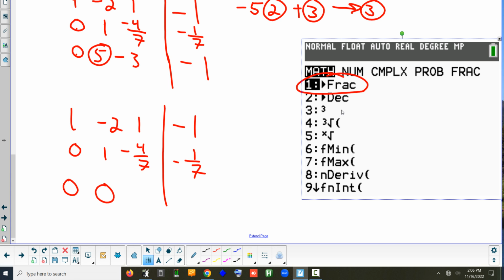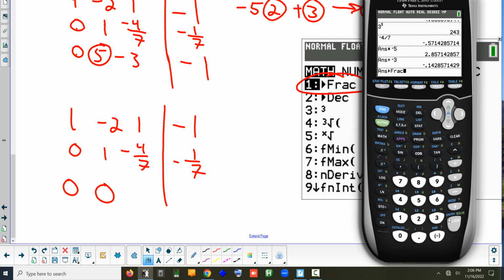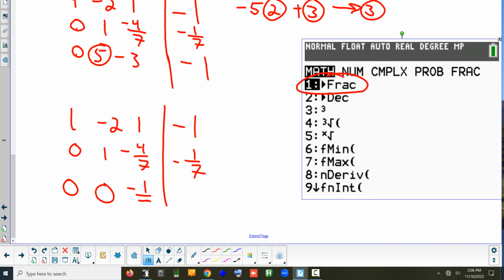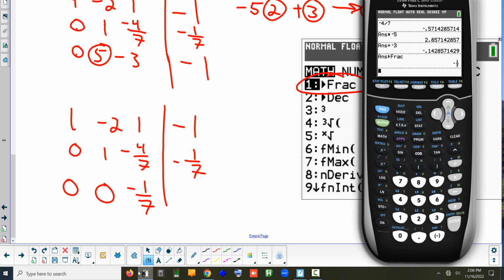So I just wanted the calculator to do it for me. Negative 1/7. And the last one: multiply negative 1/7 times negative 5.